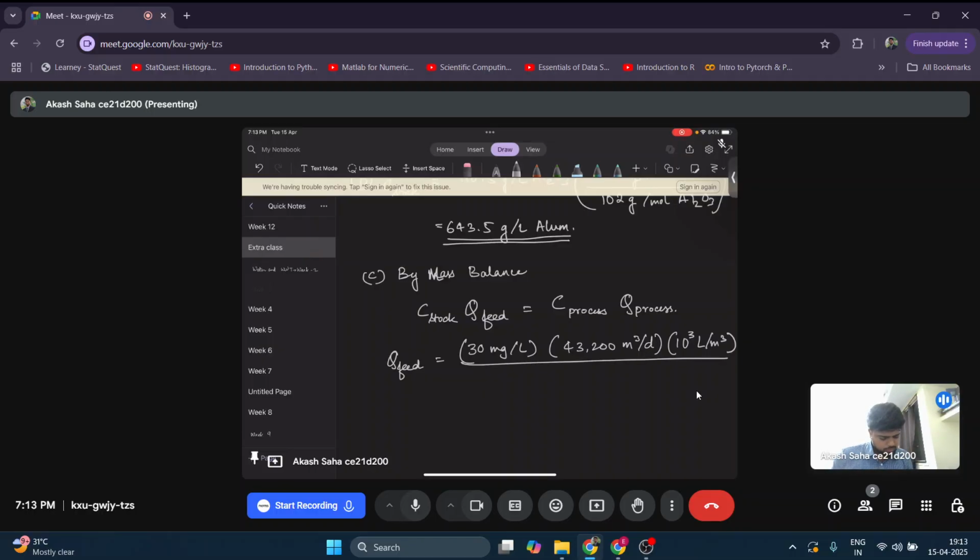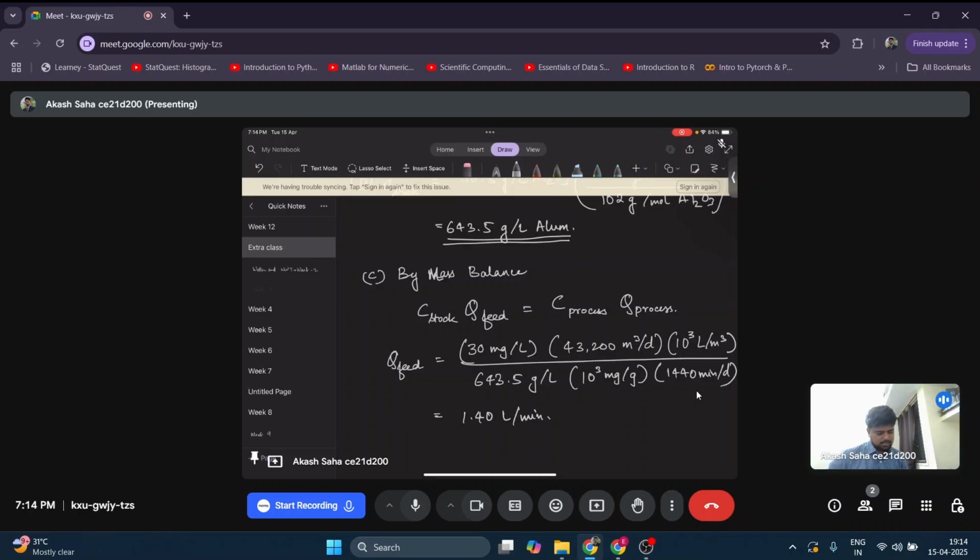And C stock we found to be 643.5 grams per liter, and I will change milligrams to grams and minutes to days, otherwise it would have been a very big number. The final answer will be in liters per minute, because that's what they want. So 4.10 liters per minute.